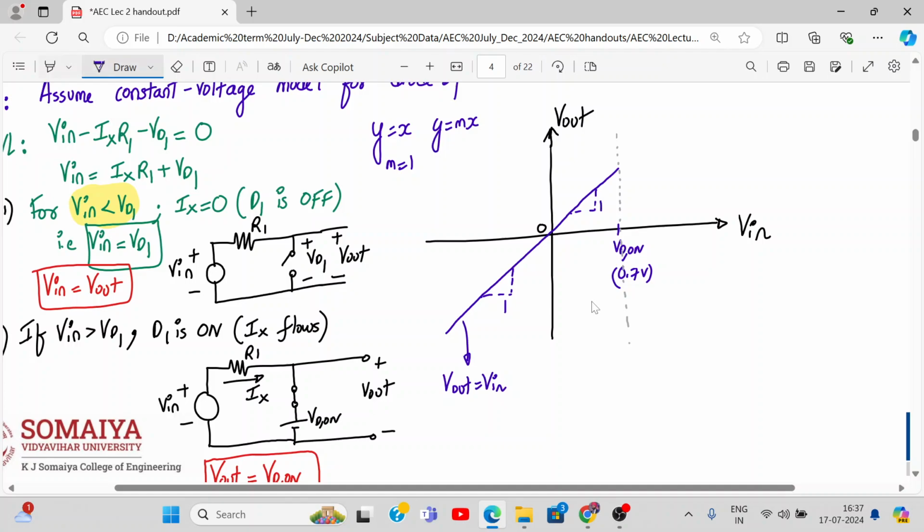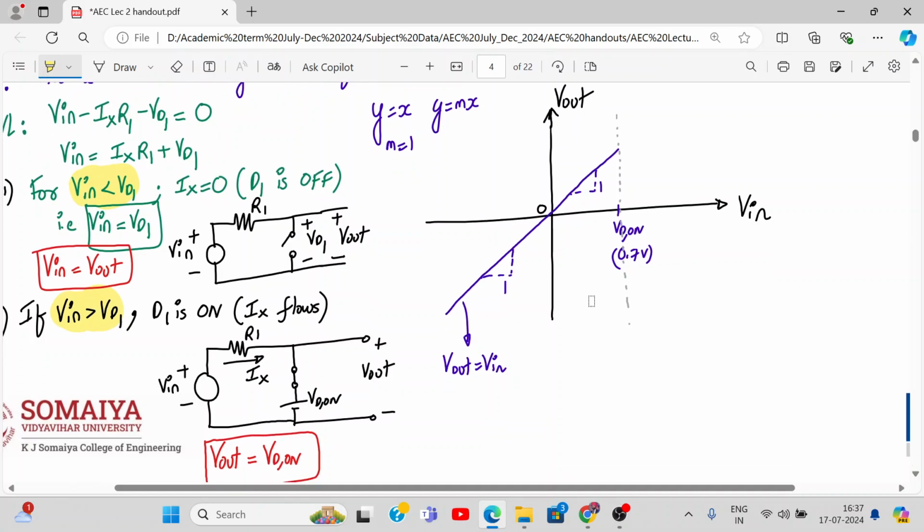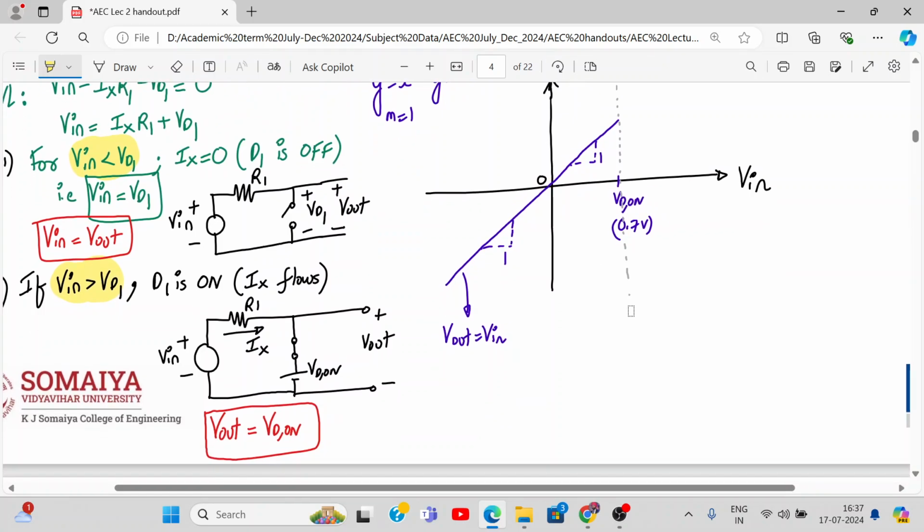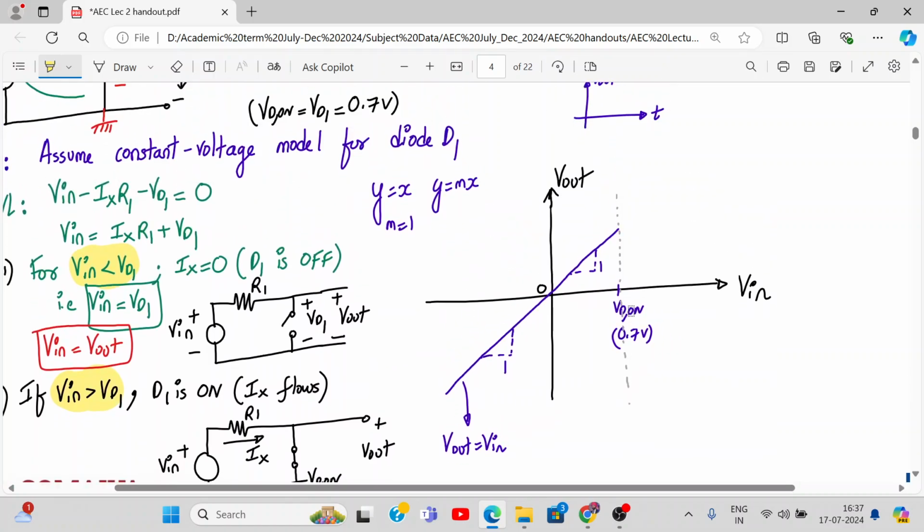Now in second case, what will happen? What will happen beyond when V in is greater than VD1? What will happen then? Then what is V out equal to? Yes, and what is a VD on? See, if this is VD on, is this VD on also? Yes. Correct, na? So it will be remaining constant throughout. See, it will remain constant like this.